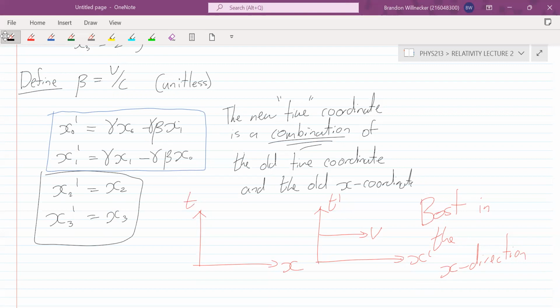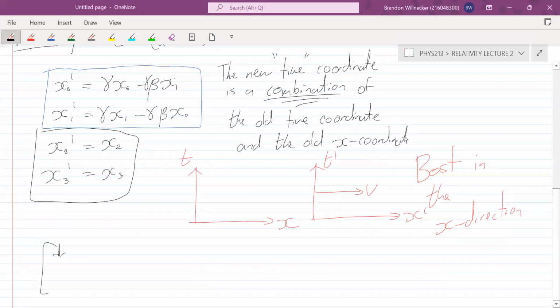We have x0 and x1 on the right-hand side in linear combination. As soon as you have linear combinations of things, we can go back to our linear algebra and realize that we can write that as a matrix. So we've got two linear equations, and we can write them as a matrix.